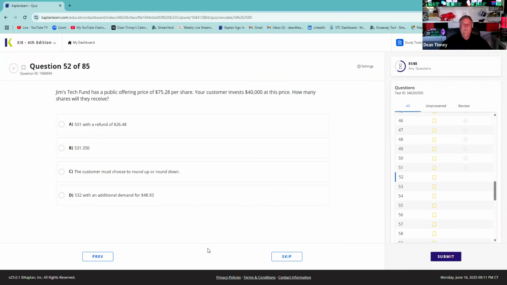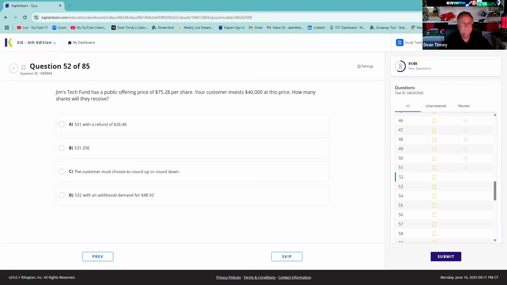Jim's Tech Fund has a public offering price of $75.28. Your customer invests $40,000. How many shares will he receive? It has a public offering price of $75.28 per share, so 40,000 divided by 75.28.